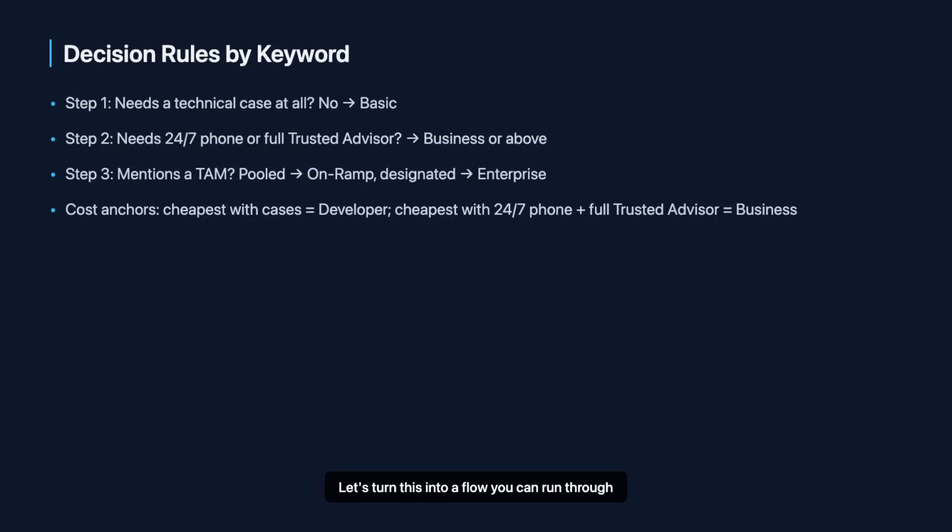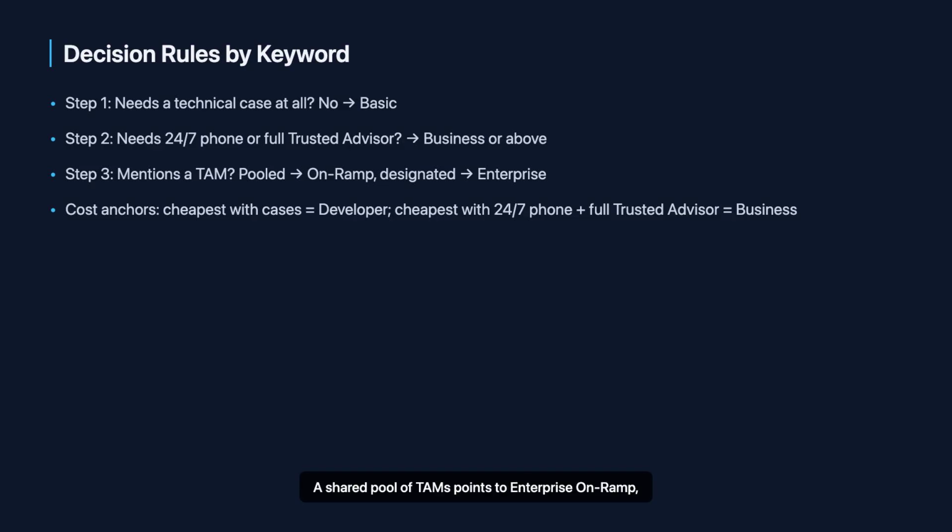Let's turn this into a flow you can run through any scenario in order. Start with one scenario. Does the account even need a technical case? If not, you're done. Basic covers it. If it does, ask the next question. Does it need 24/7 phone support or full trusted advisor? If yes, you've jumped to business or above. Then the final fork. Does the scenario mention a TAM?